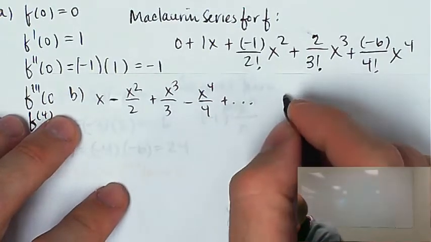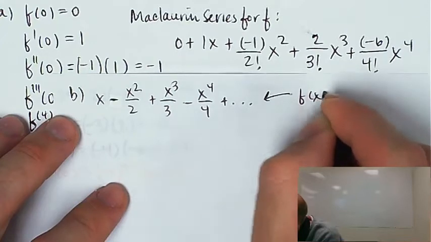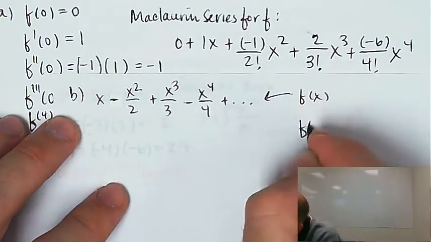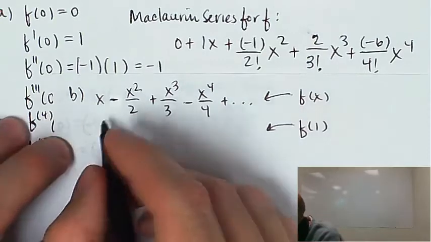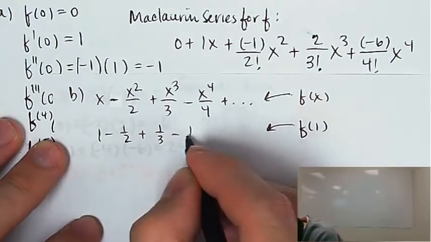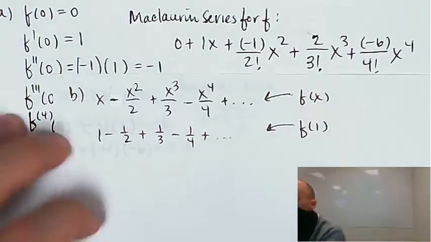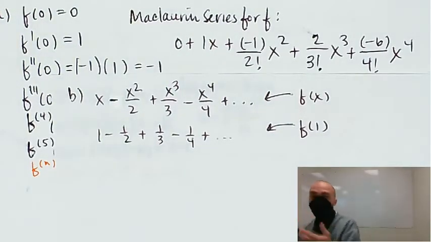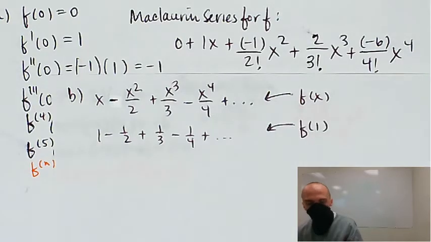And so that's the Maclaurin series for f of x. So for f of 1, I'm just going to replace x with 1, right? I'm going to have 1 minus a half plus a third minus a fourth plus a fifth minus a sixth. You get the pattern. And this is the alternating harmonic series.